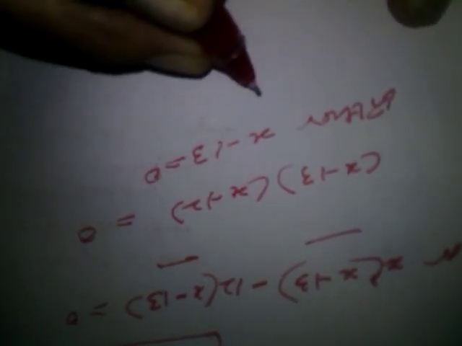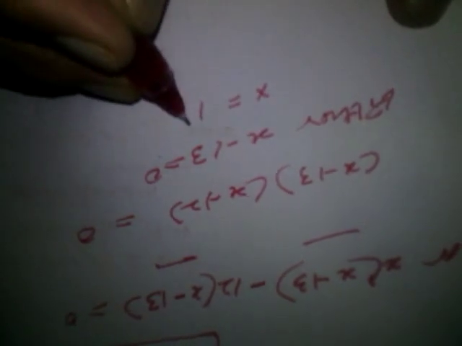So this is either x minus 13 is 0, so then it will give x is equal to 13, or x minus 12 is 0, x will be 12.